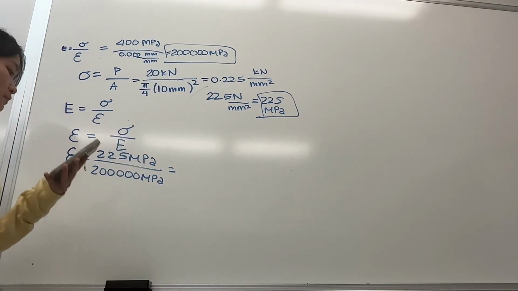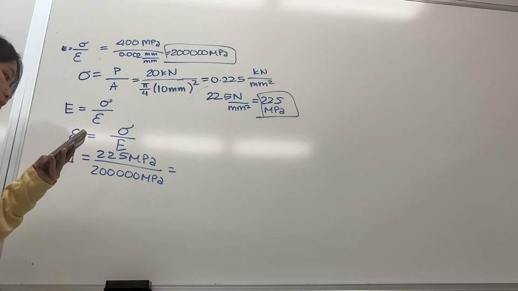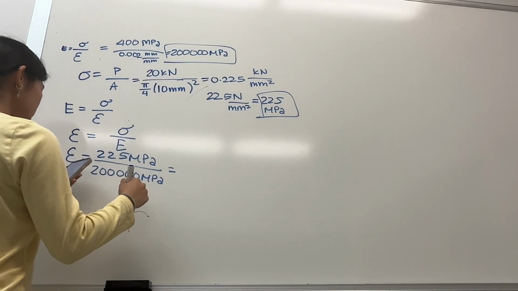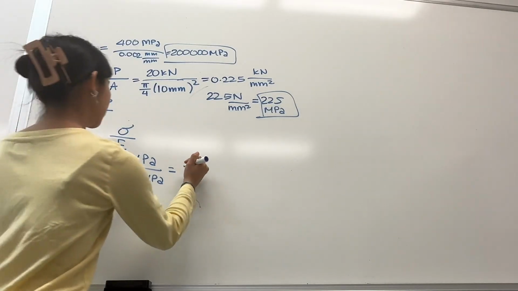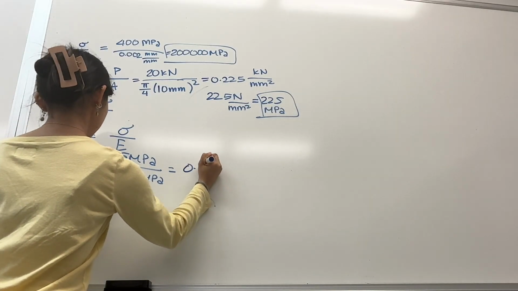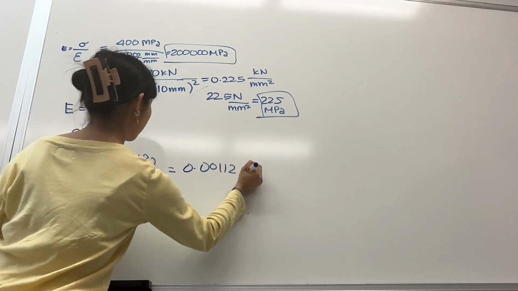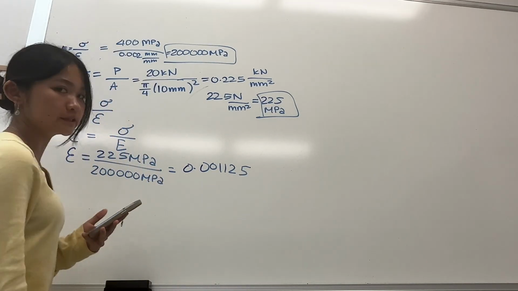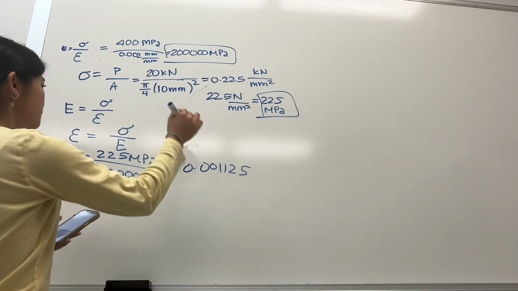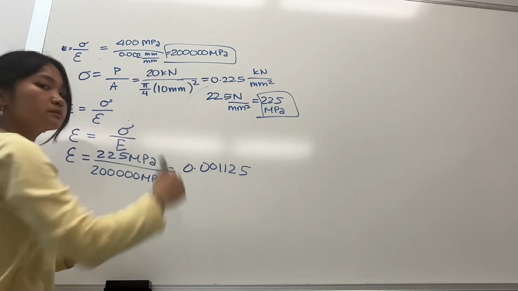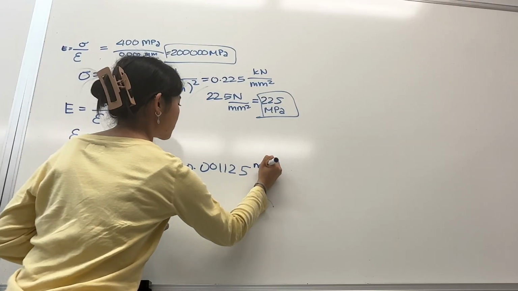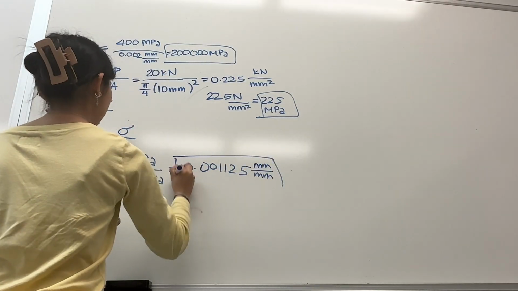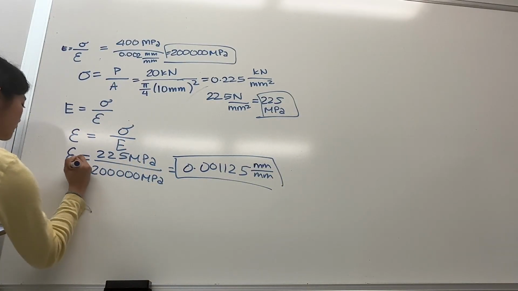That simplifies to 0.001125, and this would cancel, so it would be unitless. But because we're already using millimeters over millimeters, you can just put millimeters over millimeters. So that is our longitudinal strain.